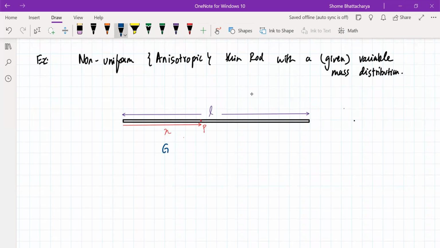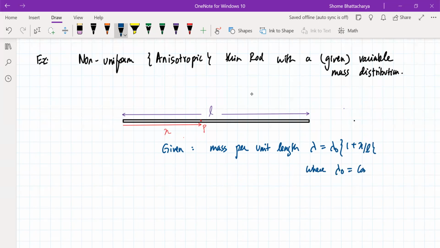So given that mass per unit length, lambda, is a variable like this, where lambda naught is, let's say, a constant equal to 0.5 kg per meter, and L is the length of the rod.